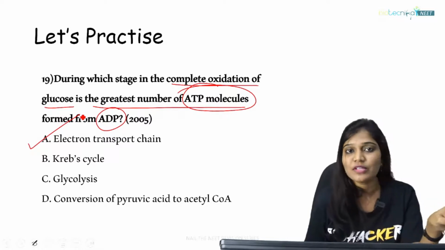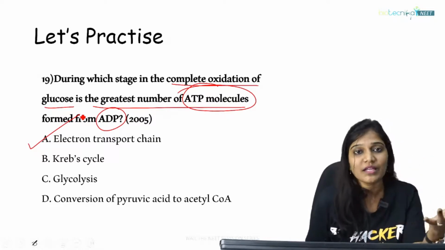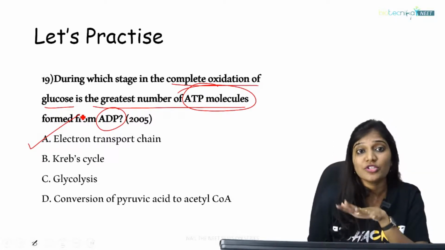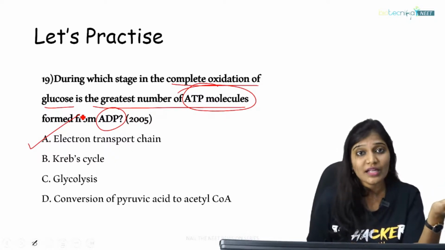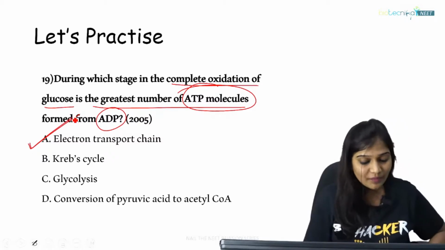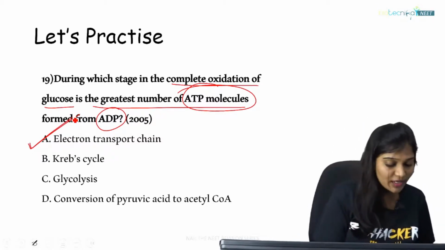Pyruvic acid decarboxylation, we can say no ATPs are actually produced. If you're going to talk about the Krebs cycle, 2 ATPs are produced for 1 glucose. But in the electron transport chain, 1 NADH itself can give 3 ATP. So we saw there are so many NADH coming to the ETC. So maximum ATPs are produced only in the electron transport chain. Suppose if the question comes like that, then you can mark it that way.